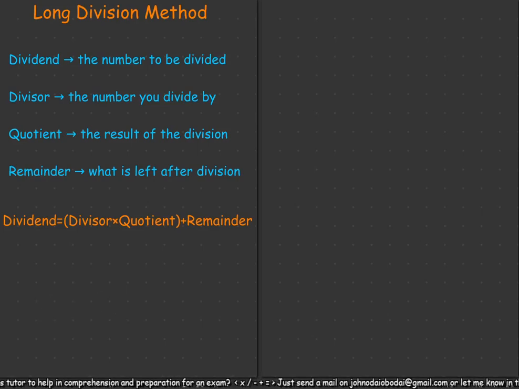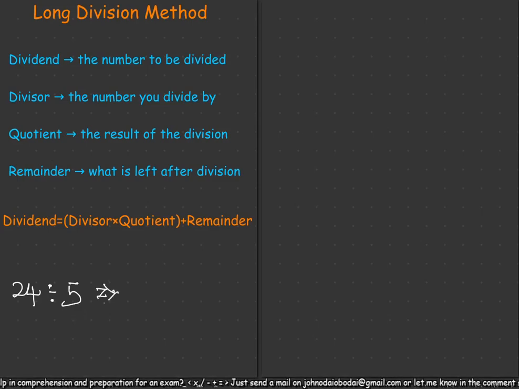If you would want me to use numbers to represent that, let's say you have 24 divided by 5. Your 24 becomes your dividend, and the 5 becomes your divisor. Now, we all know what 24 divided by 5 will give us.